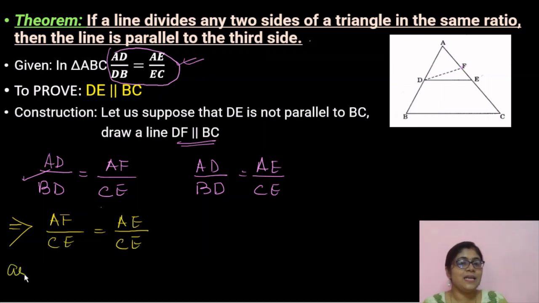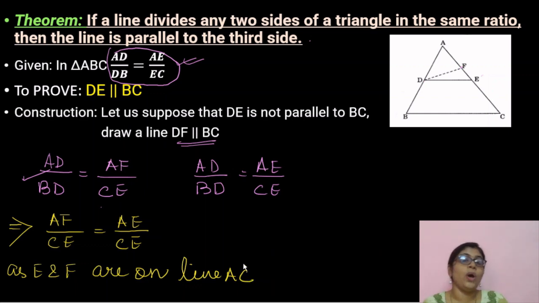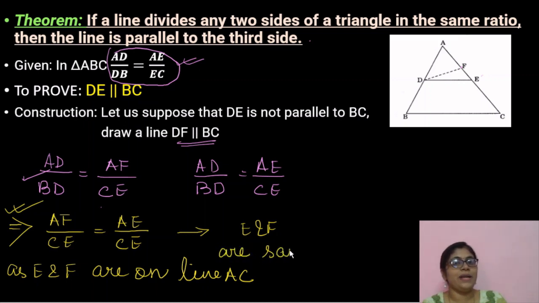And as E and F are on line AC, it has to coincide. Both the points should coincide. Otherwise, this statement is false. But we have proved this is true. So E and F are the same point. Or we can say E and F will coincide.